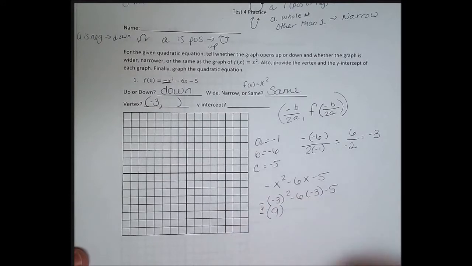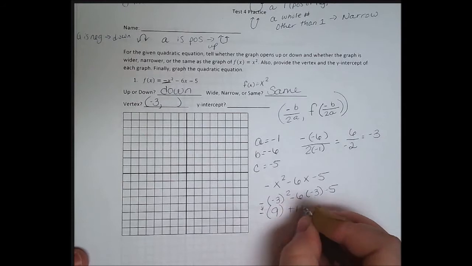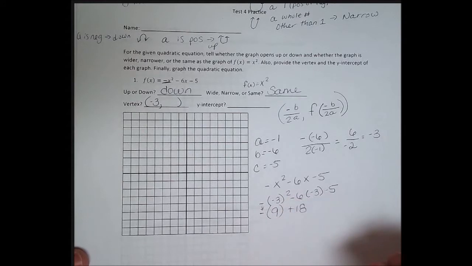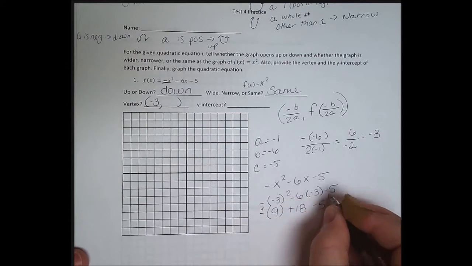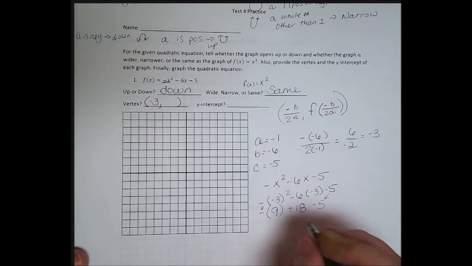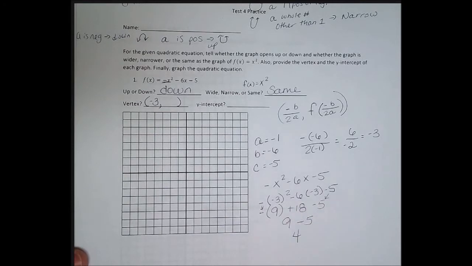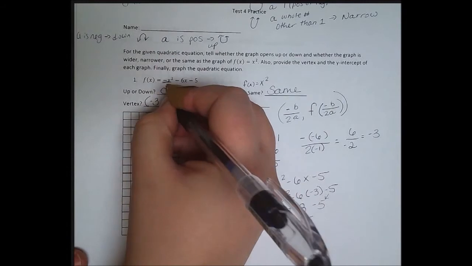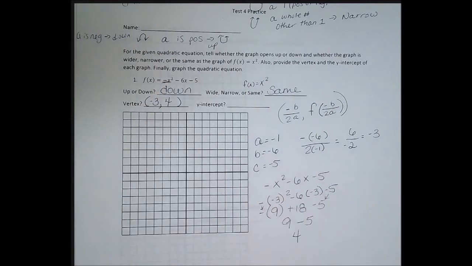Negative 6 times negative 3 is a positive 18. Bring down your negative 5. So negative 9 plus 18 is 9. And then 9 minus 5 is 4. So our vertex is negative 3, positive 4.